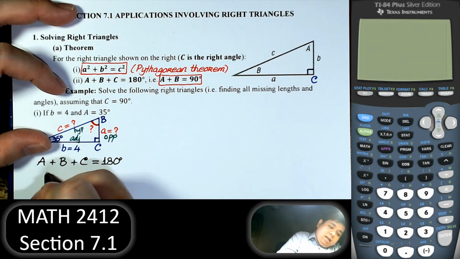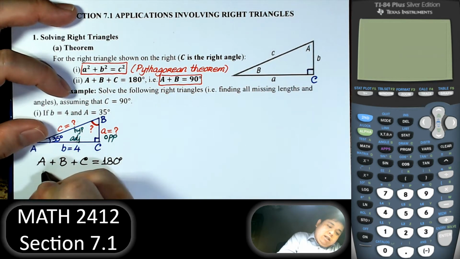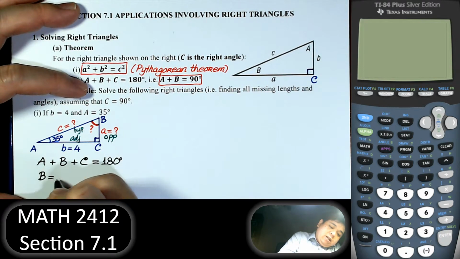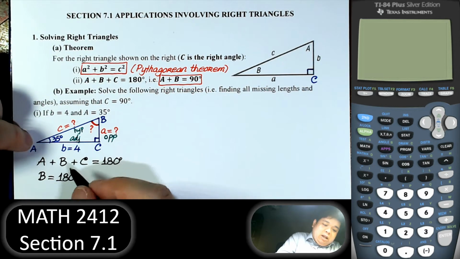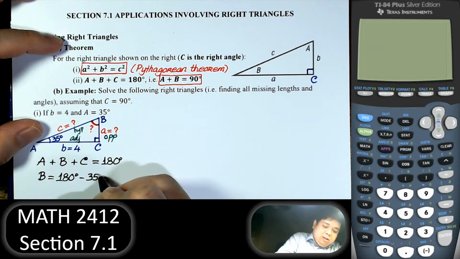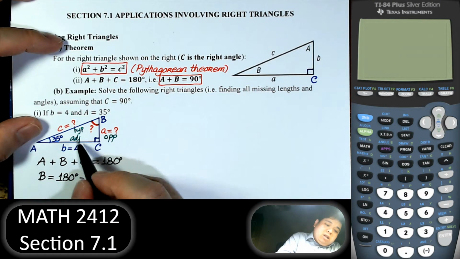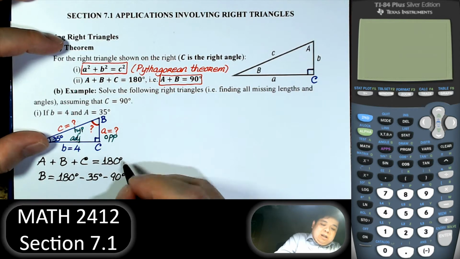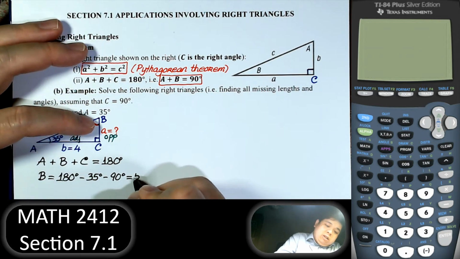So angle B is equal to 180 minus angle A minus angle C. That will give us 55 degrees.